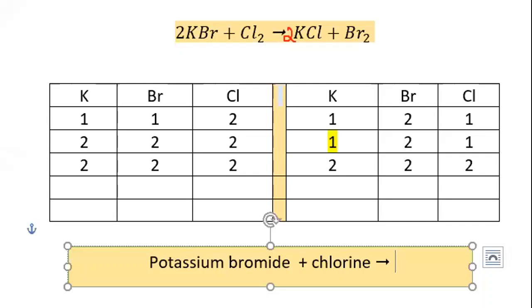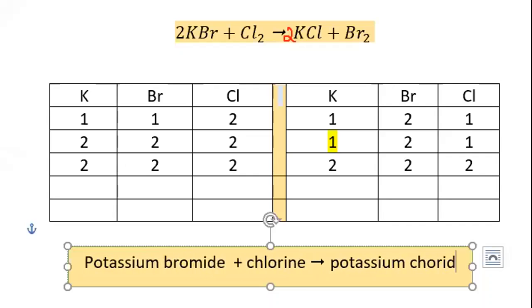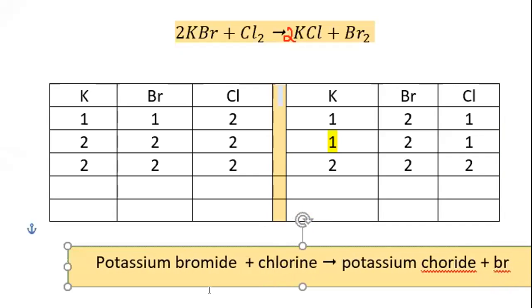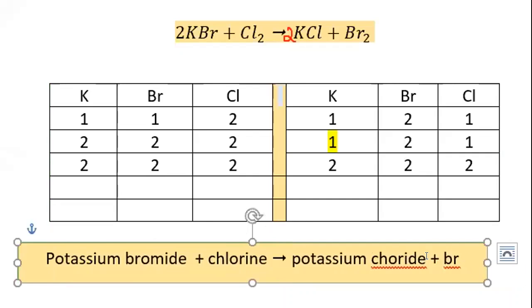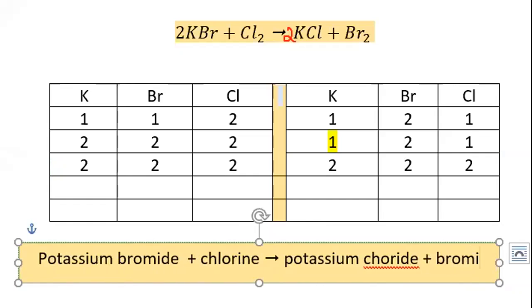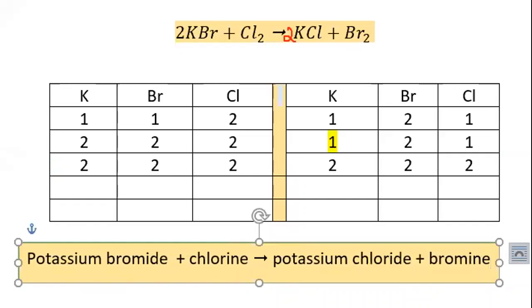And remember, an arrow doesn't mean the same thing as an equals to sign, but for the purpose of this, we'll put an equals to, which gives me potassium chloride plus bromine. Just moving that a bit. Bromine.